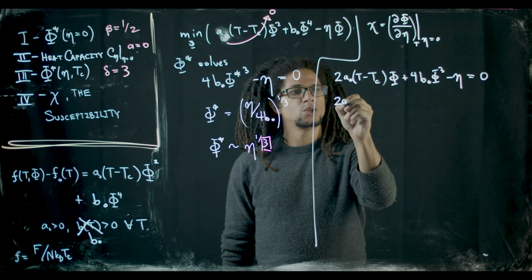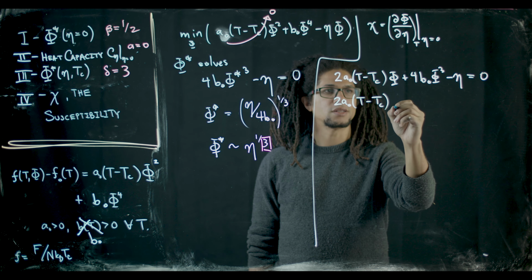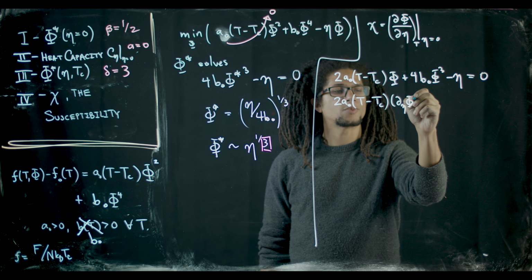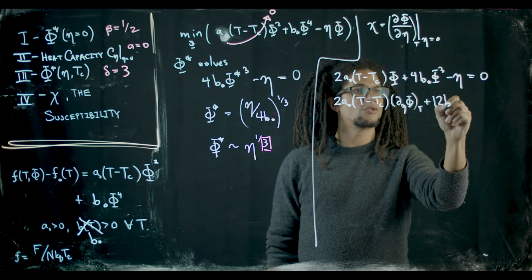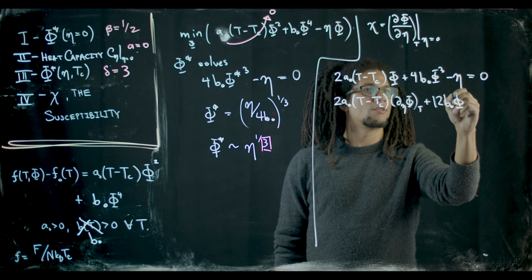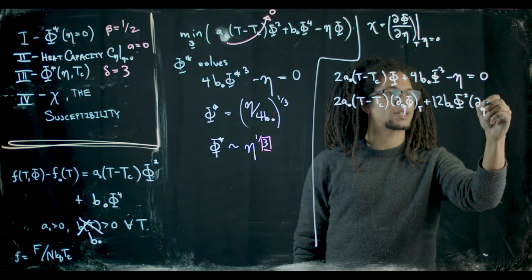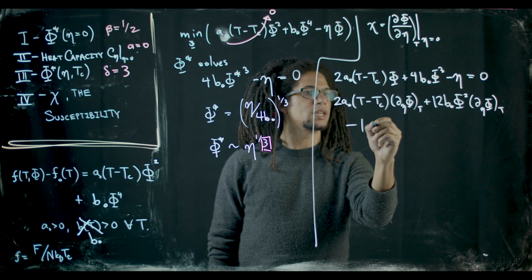Okay, so let's do it. If we do that, we get 2a naught (t minus tc), again t is fixed in this partial, times the partial with respect to eta of phi, we're fixing t, plus 12b naught phi squared times, again, the partial with respect to eta of phi while fixing t, minus 1 is equal to 0.